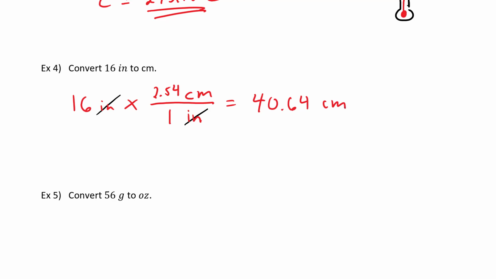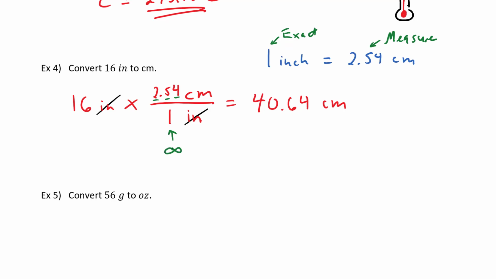Now here we have to work with rounding off. Again, we said 1 inch is equal to 2.54 centimeters. This, as I stated earlier, is an exact number. This is a measured number. How many significant digits in a measured number? Well, this one will have 3. How many significant digits in an exact number?